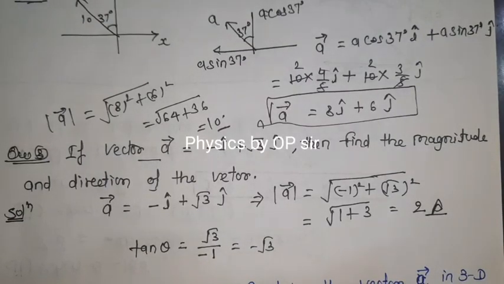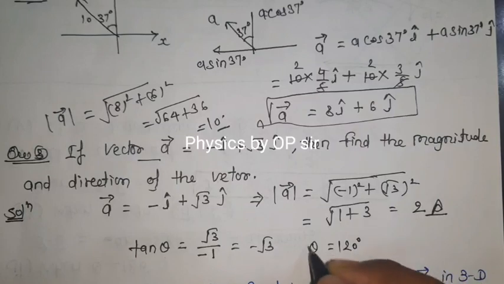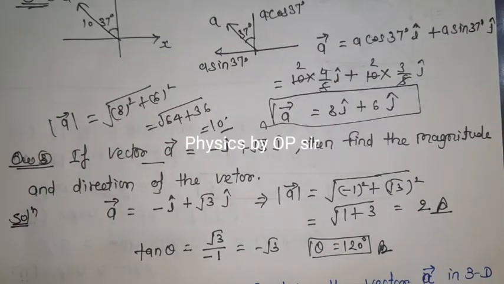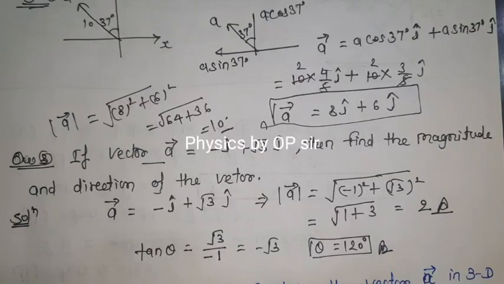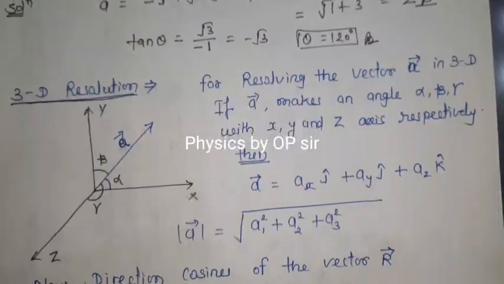In tan, root 3 is the value for 60 degrees, then minus root 3 will be the value for 120 degrees. This is your answer for the direction. This completes the 2D component of a vector in two directions, x direction and y direction.